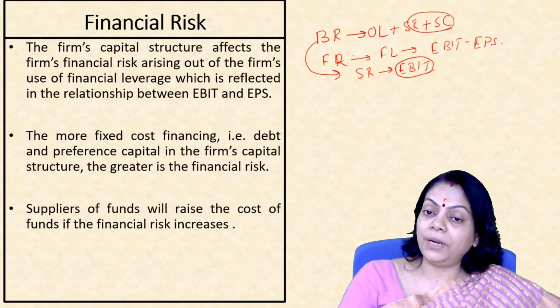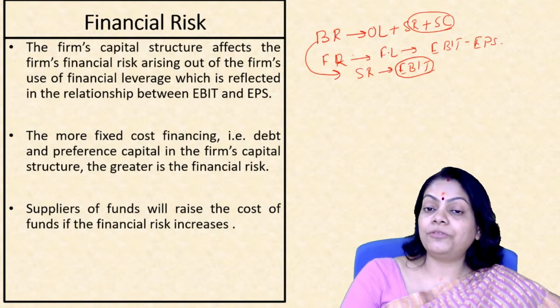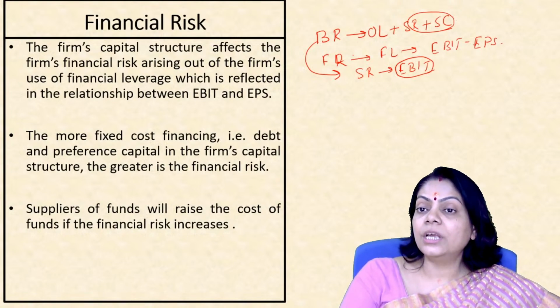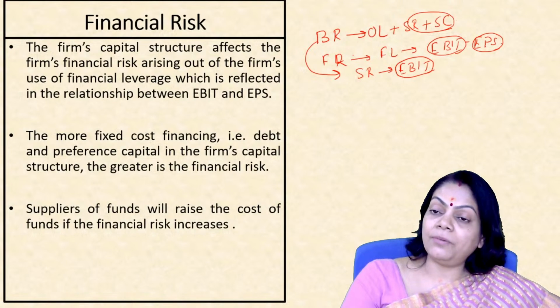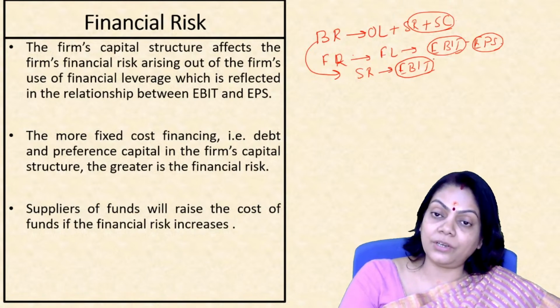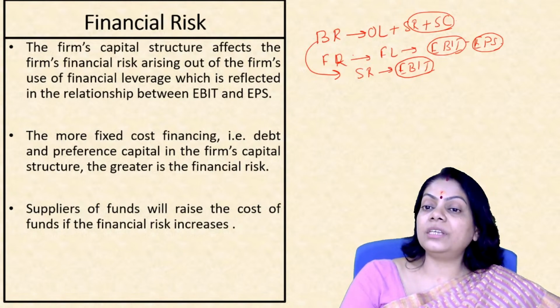So sales revenue is independent and EBIT is dependent. But when we are talking about financial risk or financial leverage, EBIT is the independent variable and EPS, the earnings per share, is the dependent variable. So EBIT in one case becomes dependent, in the other case it becomes independent.